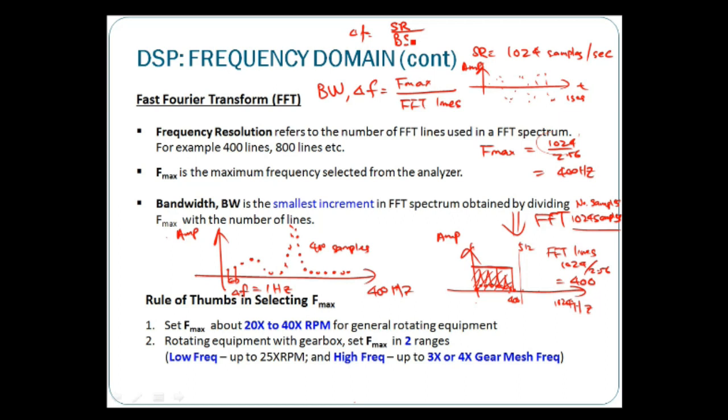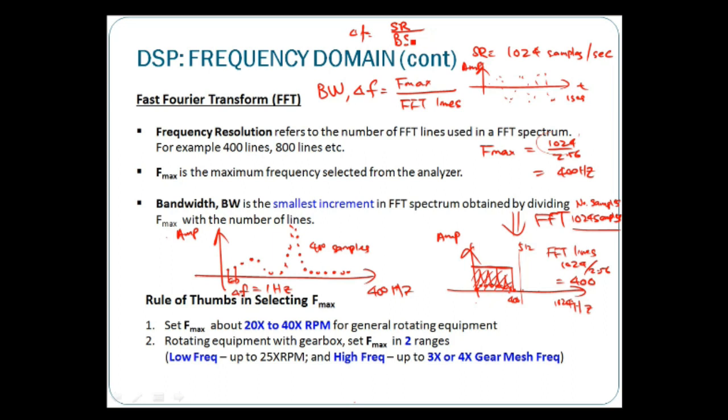The rule of thumb in selecting Fmax is, of course, you need to know the maximum frequency that you are measuring. If you have rotating equipment that comes with gears, it can go up easily to 50, 60 times your running frequency.